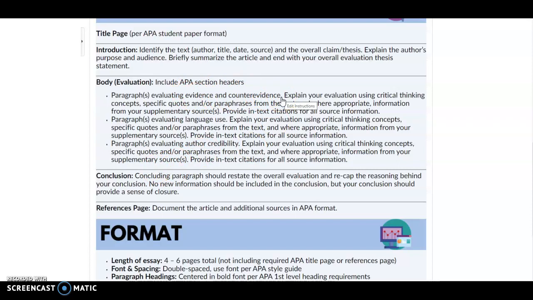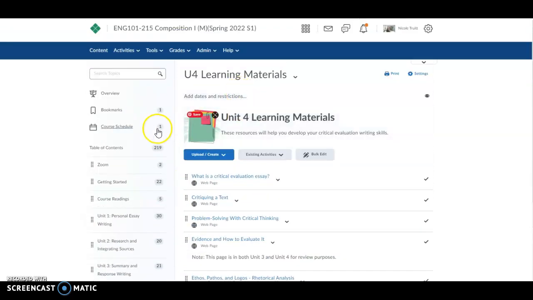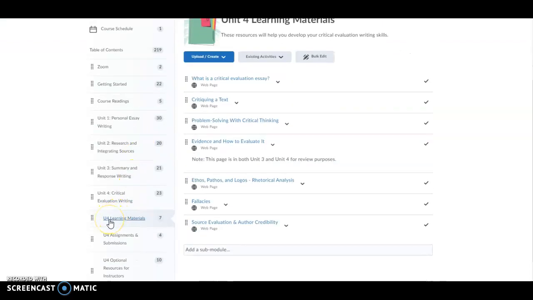We have multiple steps in the process, including the planner part 1 and the planner part 2, as well as tons of sources of information in the course itself. So this is the Unit 4 Learning Materials submodule that covers evidence, ethos, pathos, logos, fallacies, credibility, etc.